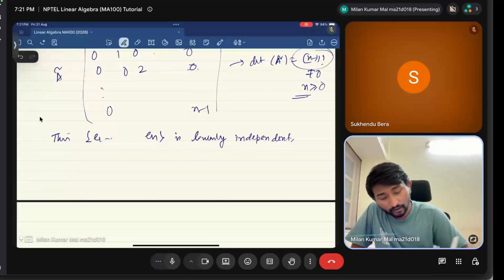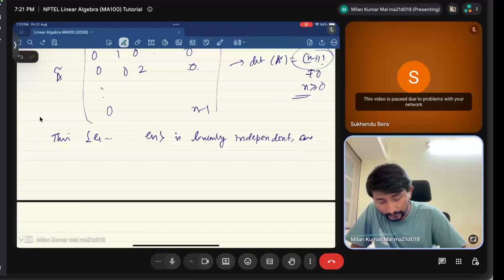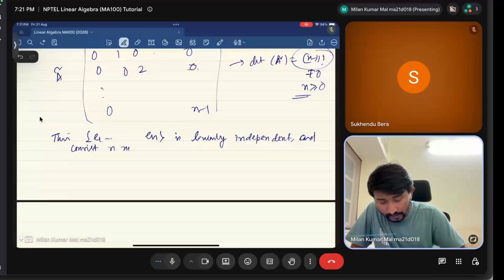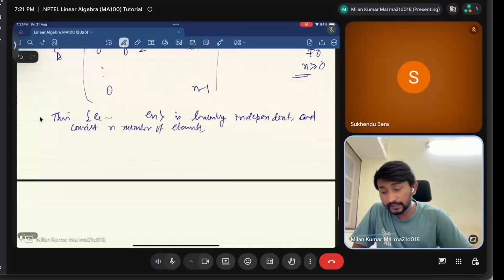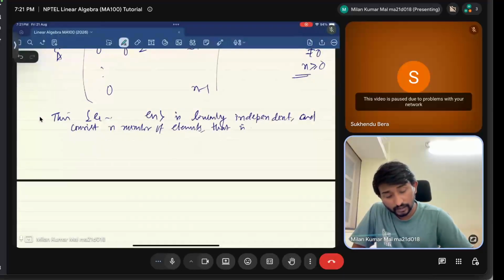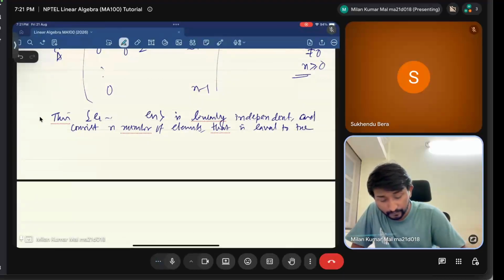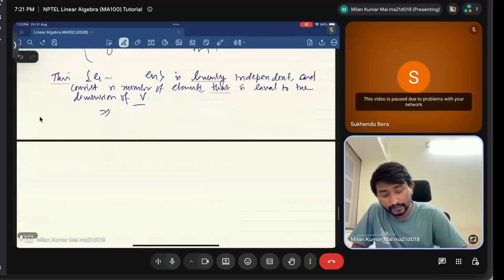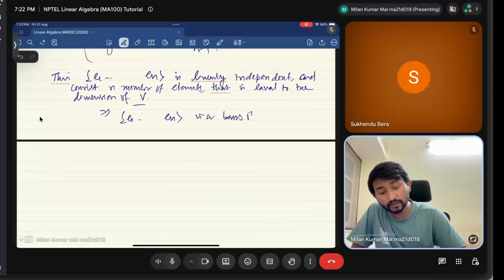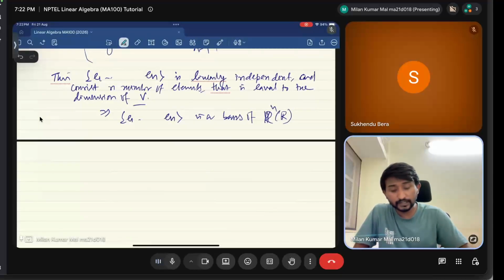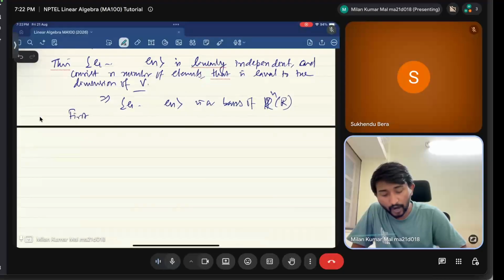And the set consists of a number of elements equal to the dimension of the vector space V, and this gives that the set E1, E2, ..., En is a basis of the vector space R to the power n over R. So that is the first: statement 1 is true.